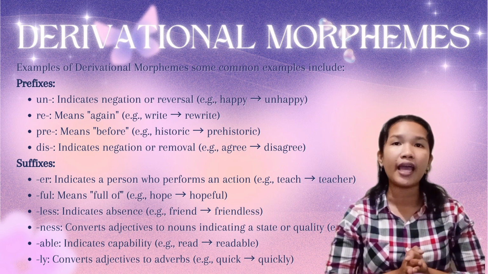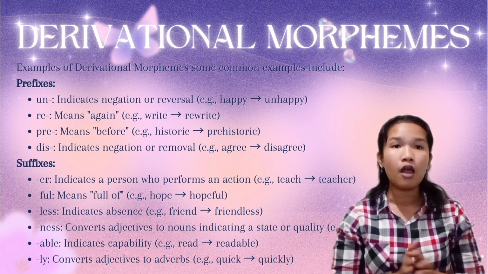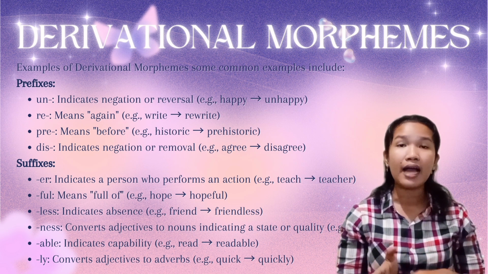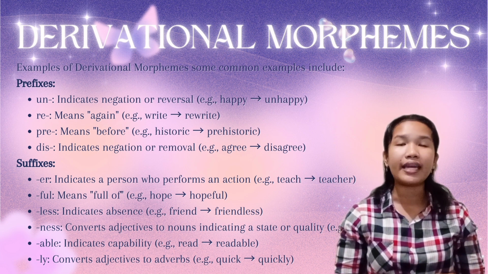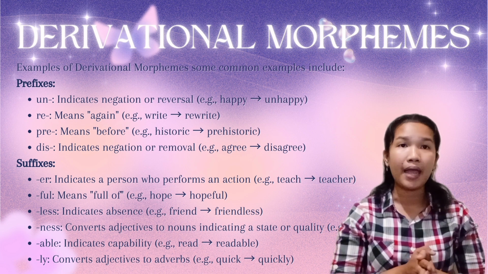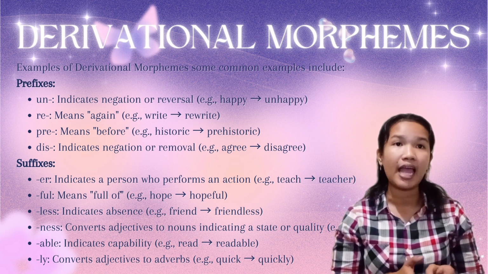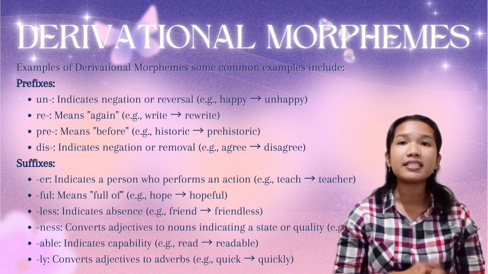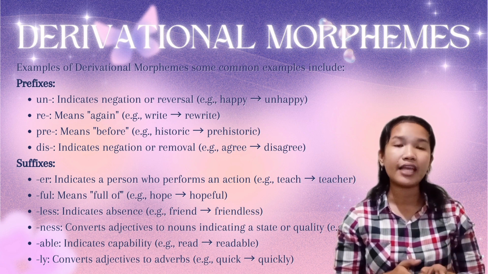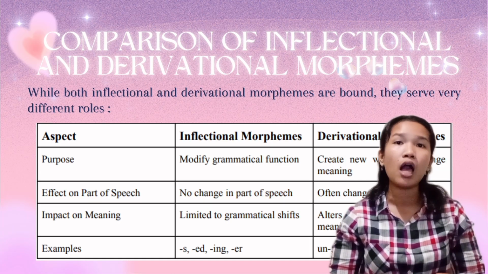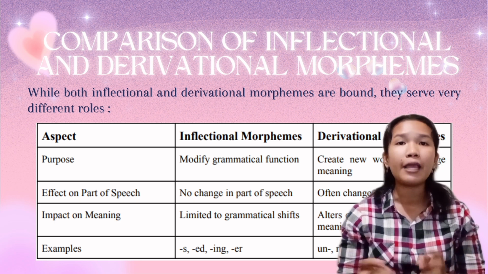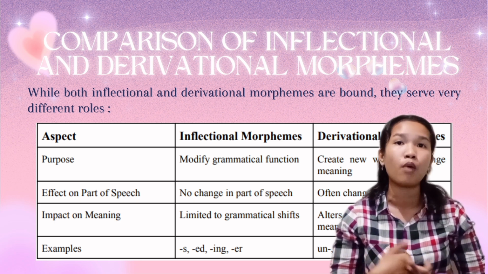And also we can add suffixes, for example ly as in quietly, er as in worker, ment as in enjoyment, and tion as in creation.